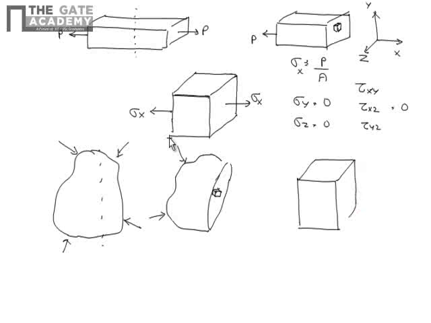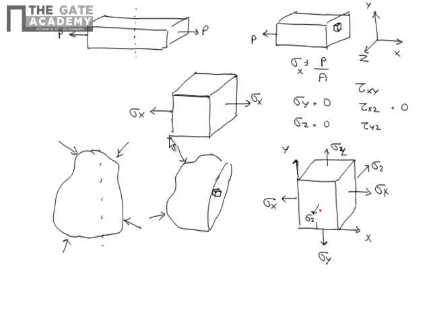That is, in all planes there will be stress. Suppose this is the coordinate system, this is x and this is y. You will have sigma x on the left and right surface, sigma y on top and bottom, and sigma z on the front and back.